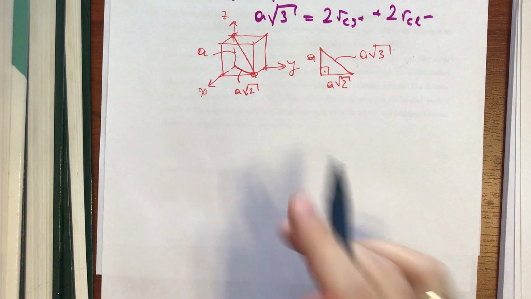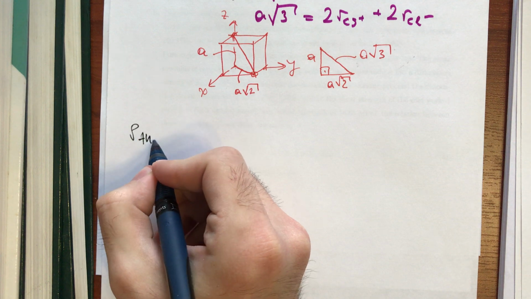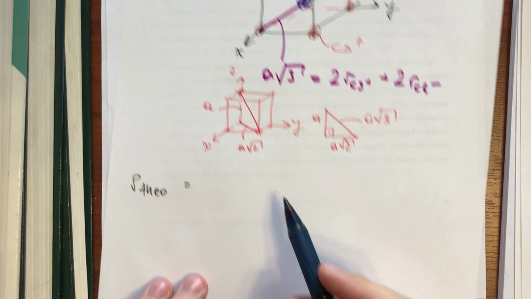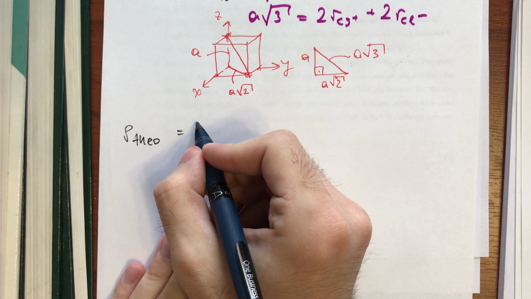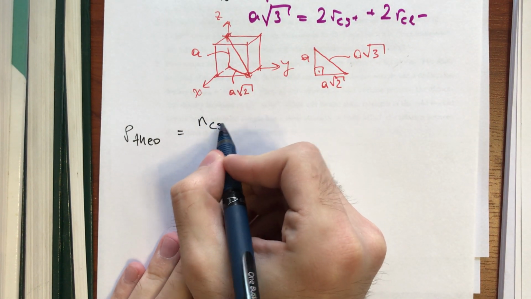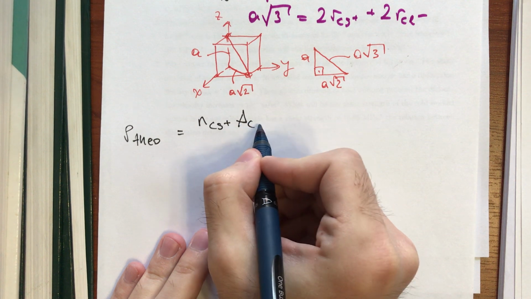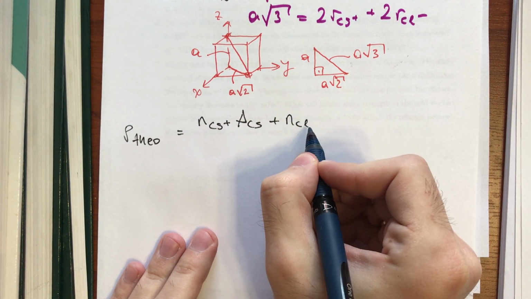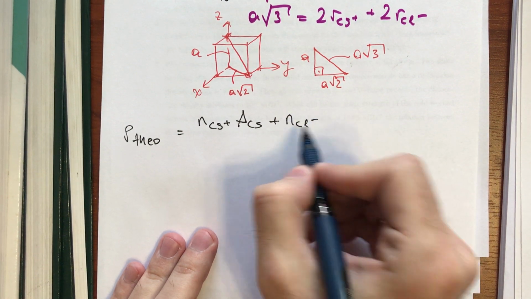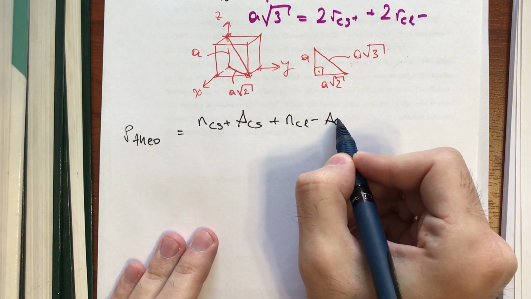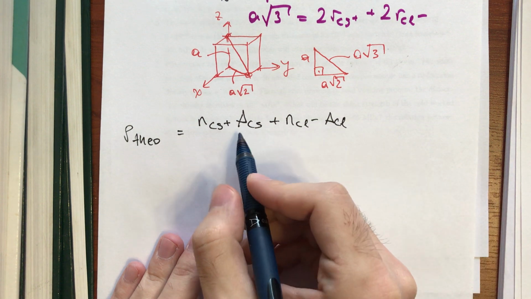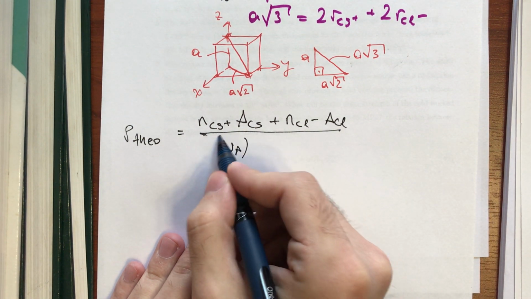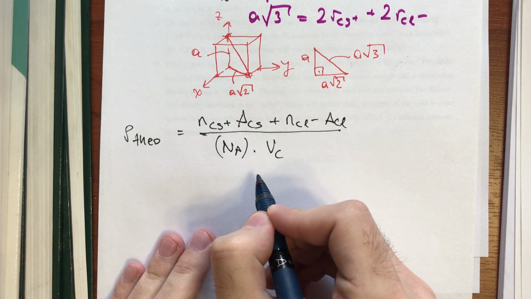So the theoretical density is asked. Since this is a structure with 2 different species, we write number of cesium ions times the atomic weight of cesium plus number of chloride ions times the atomic weight of chloride, divided by Avogadro's number times the volume of the unit cell.